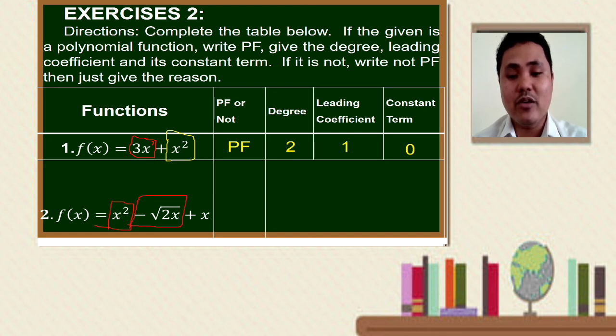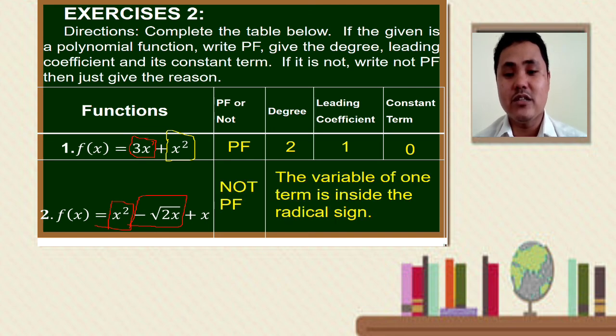What is the exponent of our x now? Since it is under a radical sign, which is a square root symbol, our exponent will become a fraction. So in that sense, this is not PF. Our reason, of course, is that the variable of one term is inside or under a radical symbol.